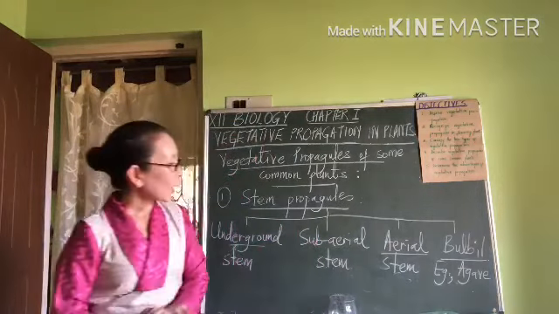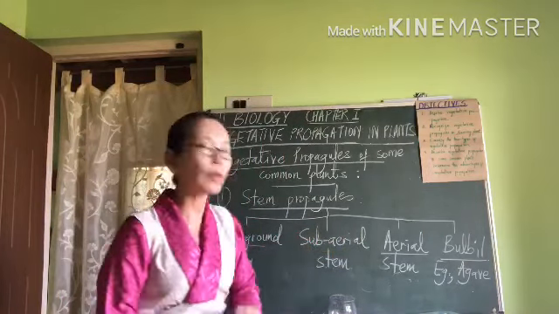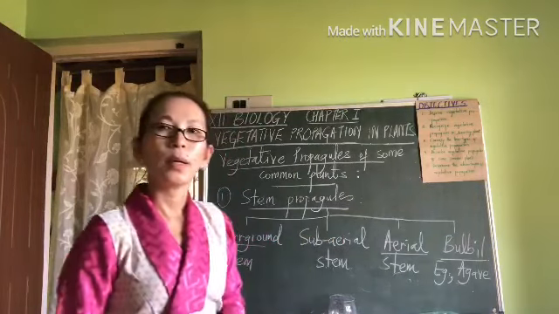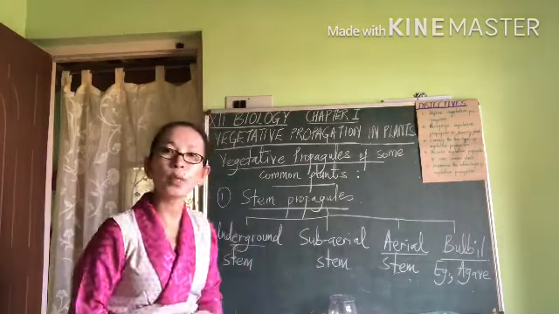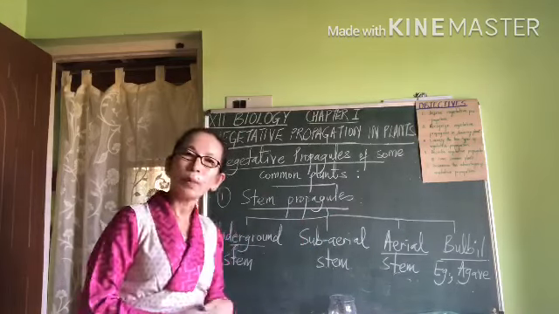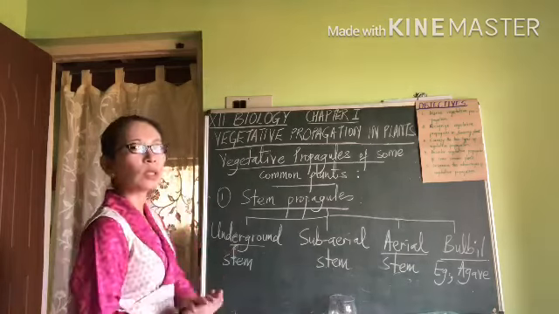Then as yet another type of stem propagule, we have aerial stems, right, which can also be used for vegetative propagation, the ones that we see in bamboo and sugarcane. And finally we had learned about the bulbil. Bulbils are bulb-like structures, not true bulbs, but bulb-like structures.